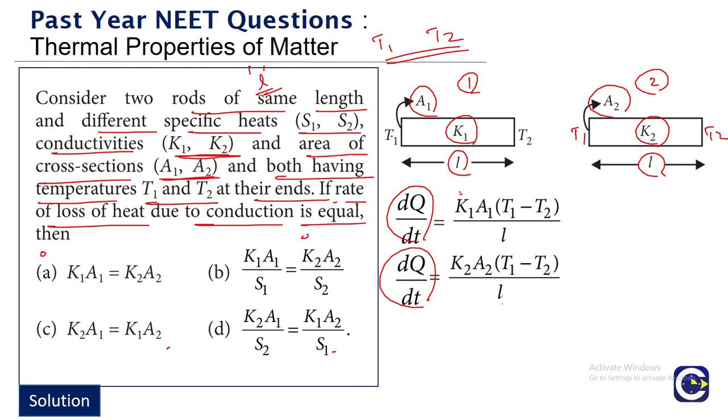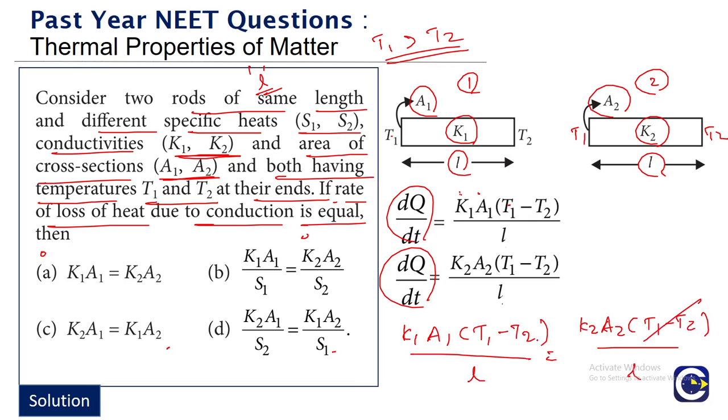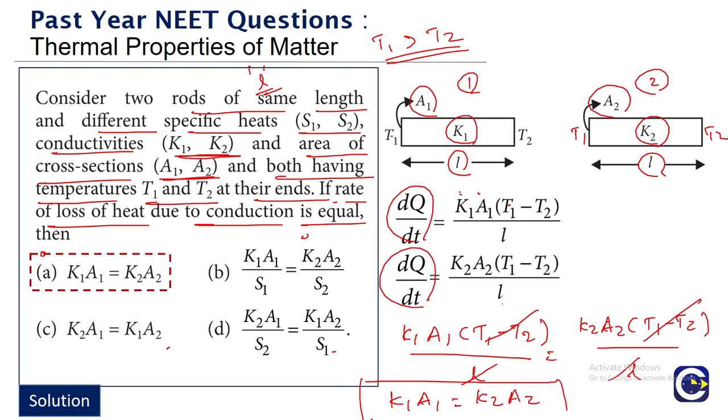For the first, K1 A1 into T1 minus T2 by L. For the second, K2 into A2, with the same temperature, assuming T1 is more than T2, so T1 minus T2 divided by L. The rate of loss of heat is the same in both, which means K1 A1 (T1 minus T2) by L equals K2 A2 (T1 minus T2) by L. T1 minus T2 cancels, L also cancels, so we have K1 A1 equals K2 A2. This is the relation. So the correct answer is option A.